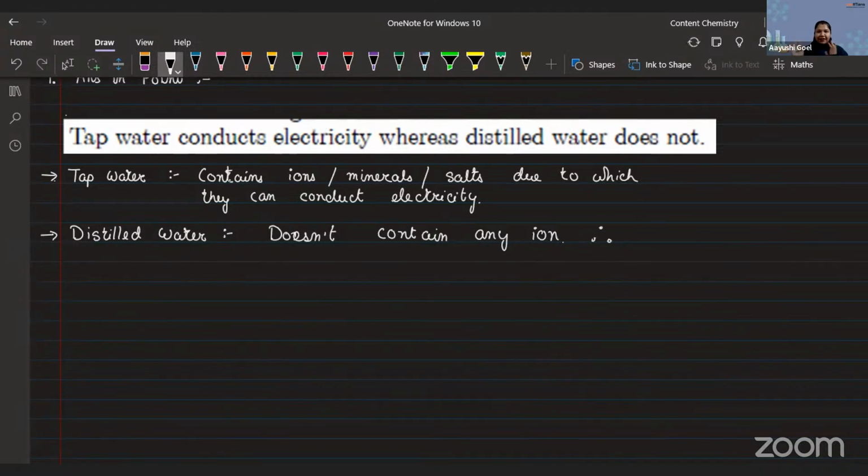Therefore, so let's say I have written like this. So this is wrong. So what I need to do is just put a line here like this. Don't make it like this. Don't do that. This looks very bad. Just put a line there. Just cross it. So instead of that, what we can write: doesn't contain any ions. Hence, it can't conduct electricity.